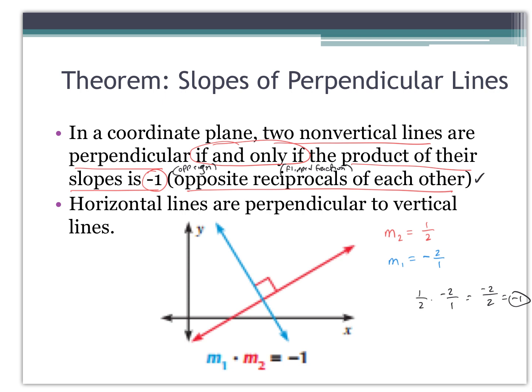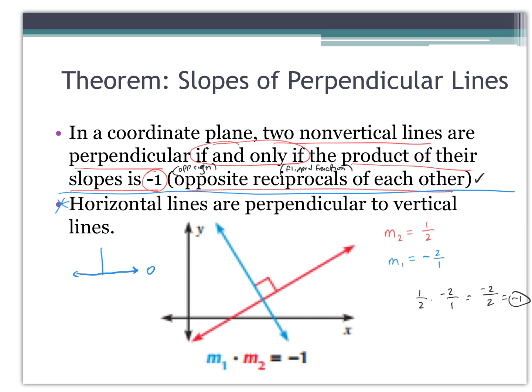The second kind of interesting thing here is this one that says horizontal lines are perpendicular to vertical lines. So even though we know that perpendicular lines have a product of -1, that doesn't exactly work out for horizontal lines. Horizontal lines go here, and remember that their slope is 0. Well, they're not going to have a product of -1 with anything, because anything times 0 is 0.